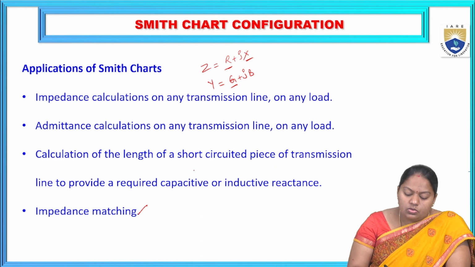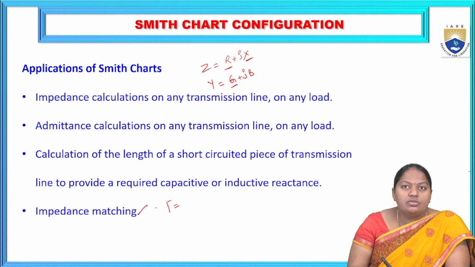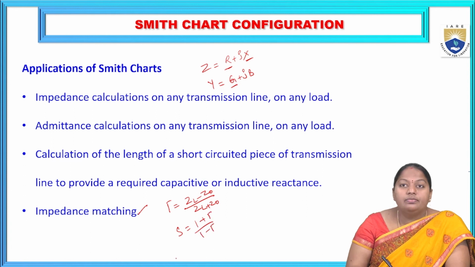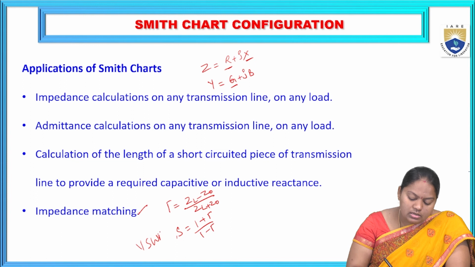With the help of Smith charts we can find the complex reflection coefficient gamma as (ZL minus Z0) by (ZL plus Z0). From this the standing wave ratio S is also found: S equals (1 plus gamma) by (1 minus gamma), where S is the notation for the standing wave ratio, generally given as VSWR, voltage standing wave ratio.